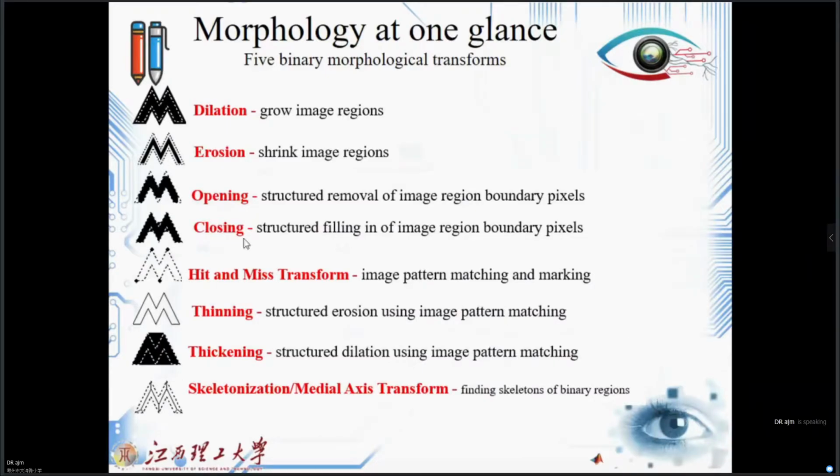Thinning is a structured erosion using image pattern matching, and thickening is a structured dilation using image pattern matching. Skeletons and medial axis transform are finding the skeleton of binary regions. These shapes also show the action of morphology on a sample image.